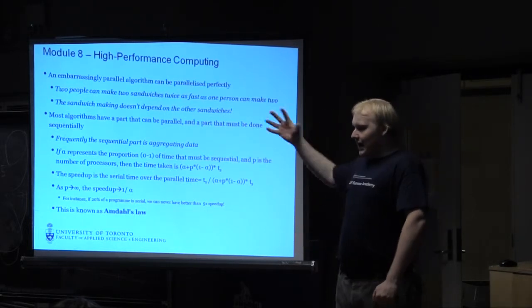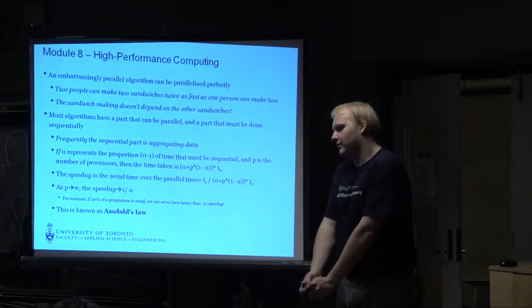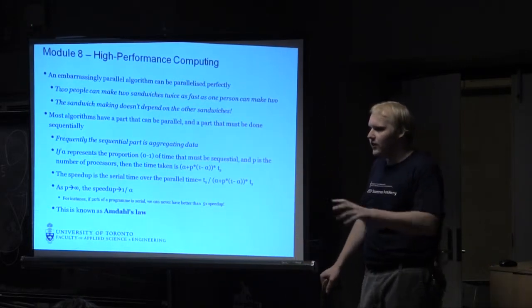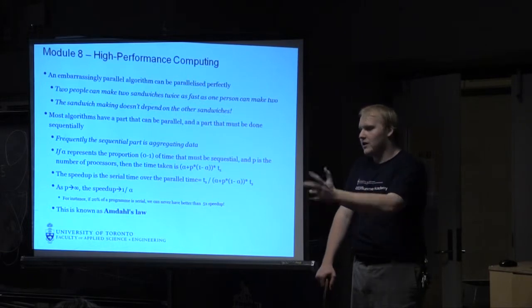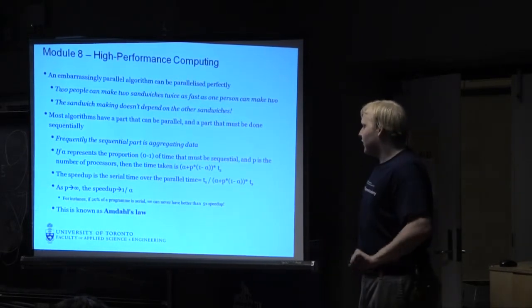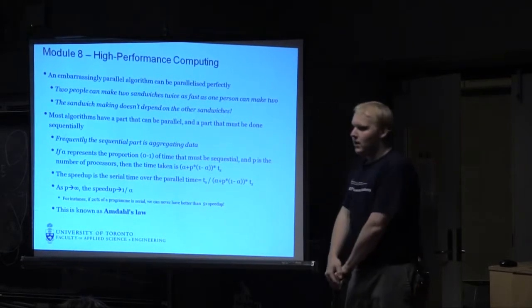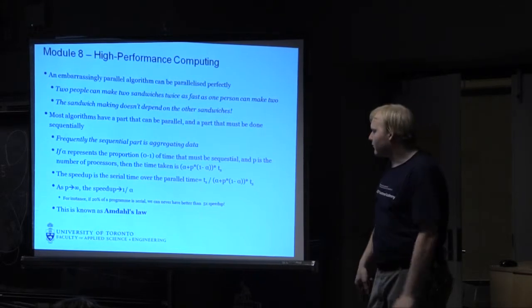We can get each digit separately, but we have to stick them together, and that part can't be done in parallel because it requires all the digits that were calculated by the other processors, right? So that is what's called the sequential part. Sequential because it has to run sequentially on the same processor, one after the other.